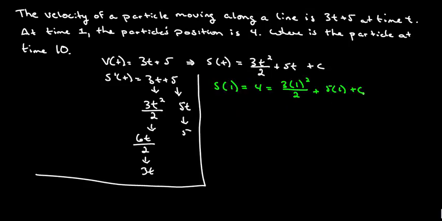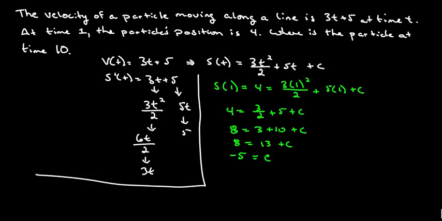Let me simplify. So 4 is equal to 3 halves plus 5 plus c. I don't like working with fractions, so I'm going to multiply everything by 2. 8 is equal to 3 plus 10 plus c. 3 plus 10 is 13. So c must be negative 5.